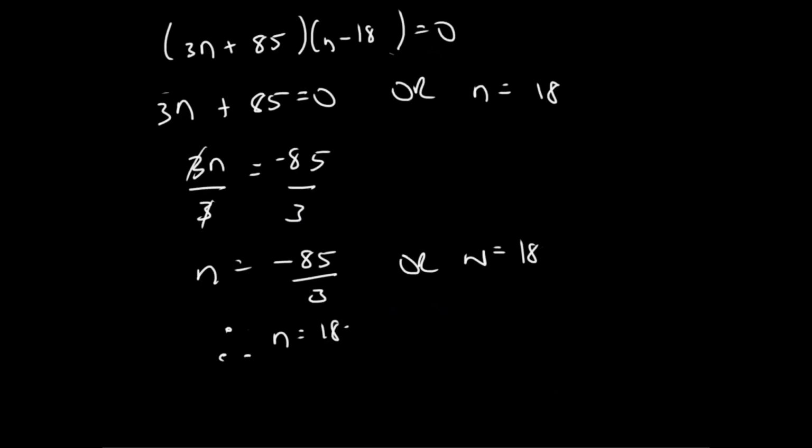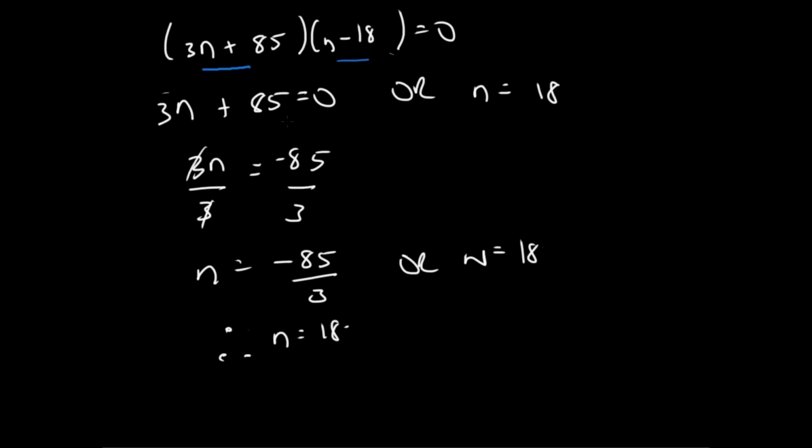You know that that's a quadratic equation and that we need to factorize the quadratic equation. That gives us (3n plus 85)(n minus 18) is equal to 0. And we apply our zero product rule. If this bracket times that bracket is 0, then either this bracket must be equal to 0 or the second bracket must be equal to 0.